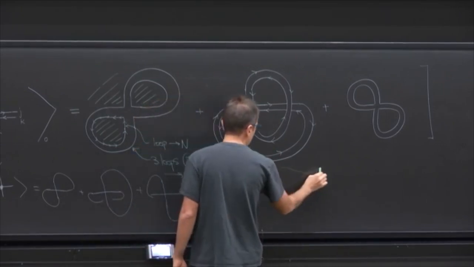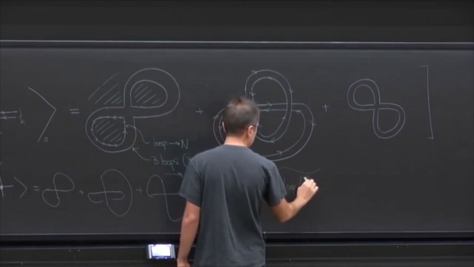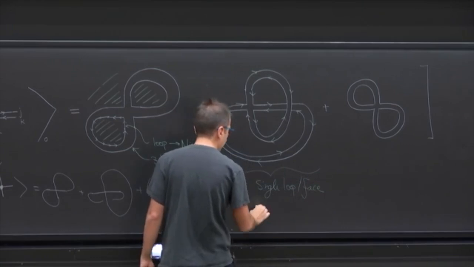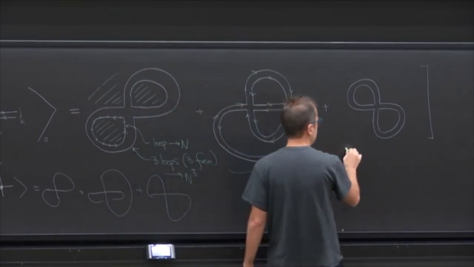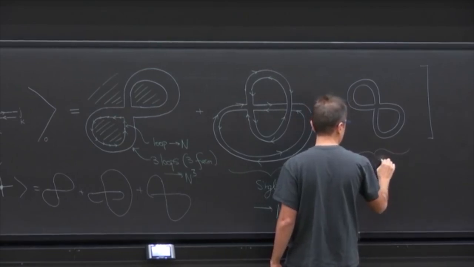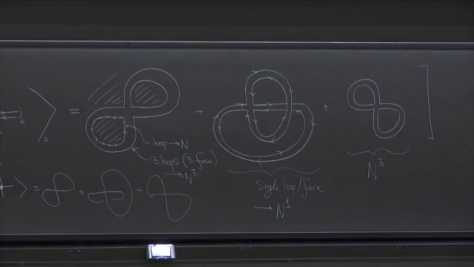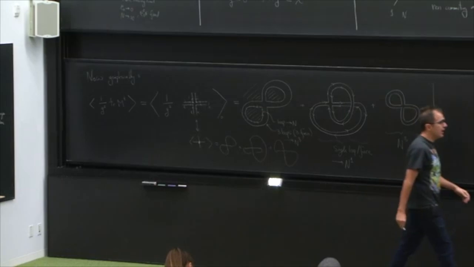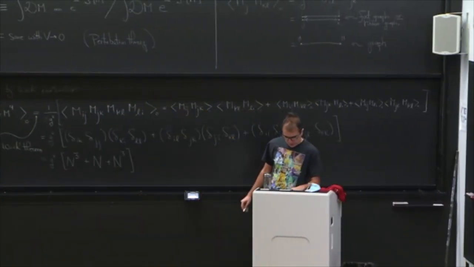So this is a single loop or phase, and therefore this diagram gives n to the 1. And this one, again, 3 phases, so n cubed. And so we see right away that graphically these terms have this simple explanation.